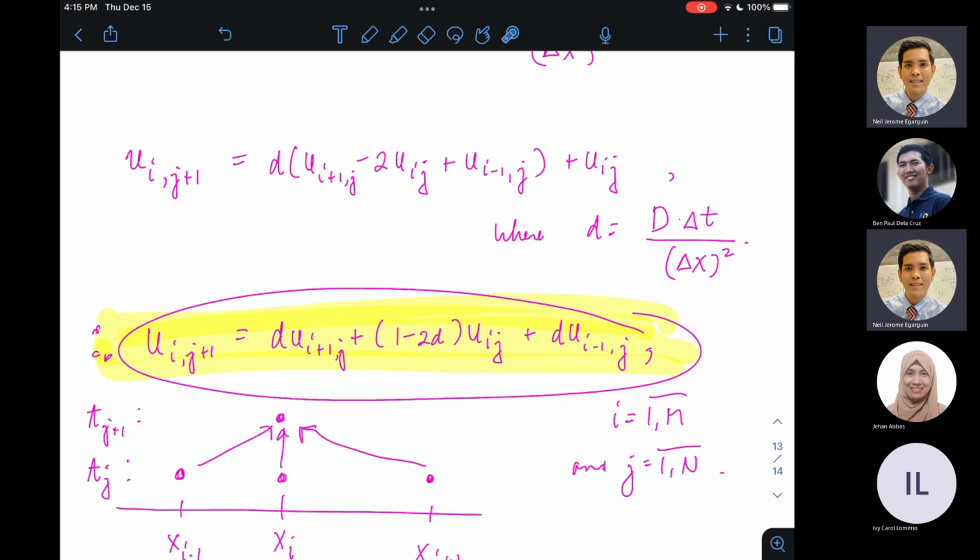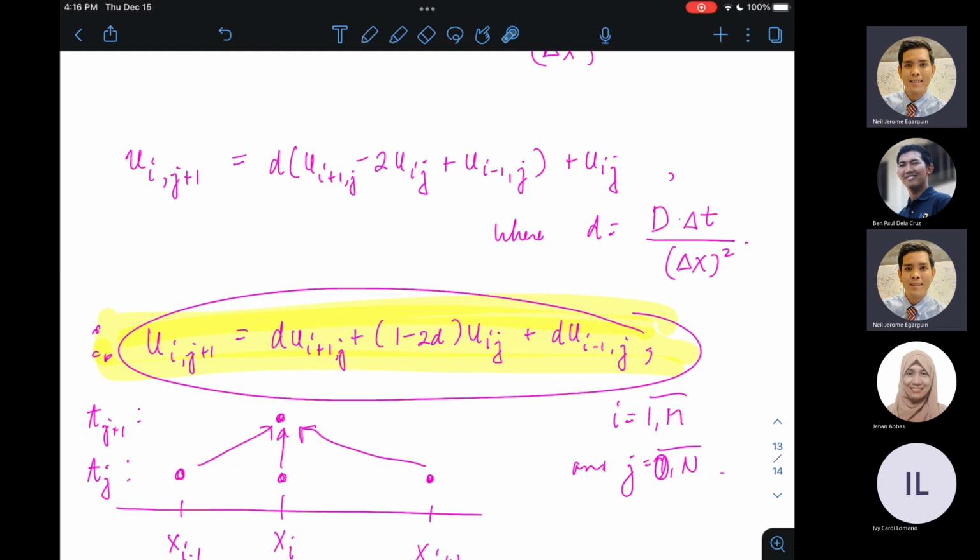Actually, it doesn't start at 1. It should start at 0, because I want to get also u of i, 1 for i going from 1 to m. So that means j goes from 0 until capital N. So the number of time moments I'm computing is actually larger.